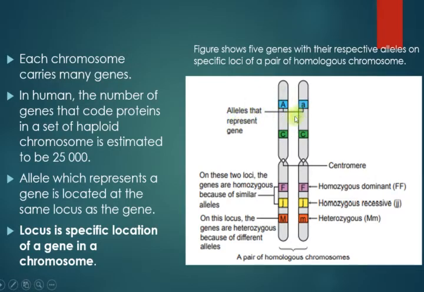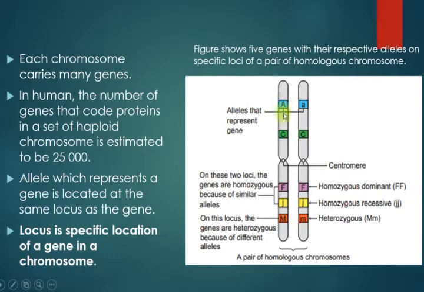There are 5 genes here. This is the first gene, second gene, third gene, fourth and fifth. The alleles represent a gene. Big A here refers to an allele, and small a also refers to an allele. How are they different?